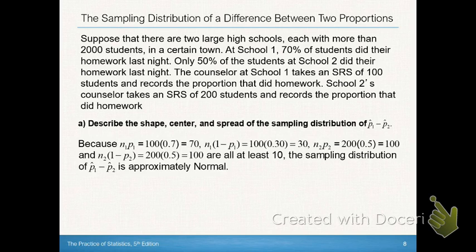Here are the number of successes and number of failures for school number 1, and they're both bigger than 10. Then our number of successes and number of failures at school number 2, they're both bigger than 10. That means that our sampling distribution for the difference in proportions will be approximately normally distributed.